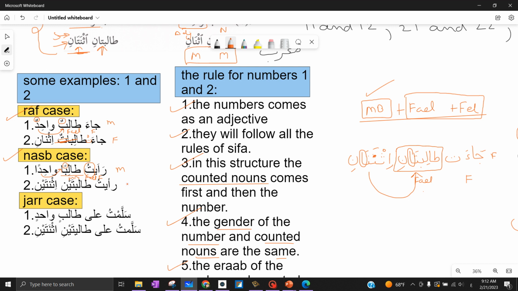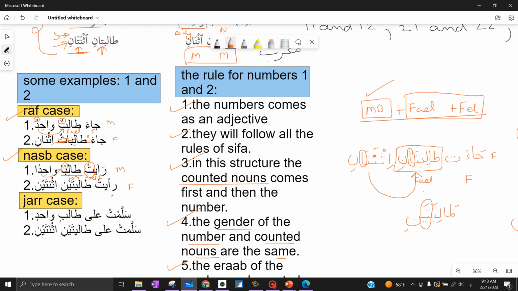Now we see for the female. Ra'aytu talibatayni ithnatayni. What is happening here? As we know in mansub, the talibatani changes to talibatayni. Now pay attention to the spelling. Ta with fatha and then ya and noon with kasra. So this ya and the ta fatha show it is in dual and mansub or majroor case.